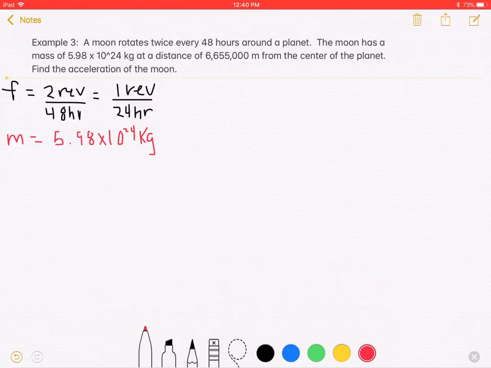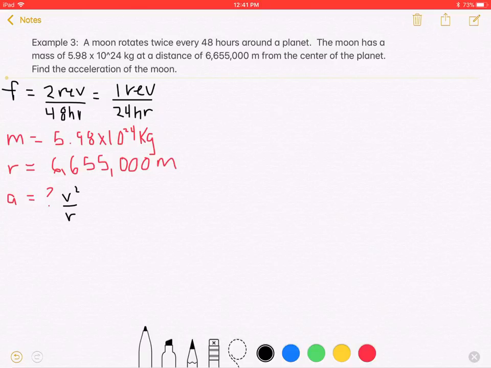The radius of rotation, so distance from the center, is 6,655,000 meters. We want to find a. We know that a is equal to v squared over r, but we don't have v.